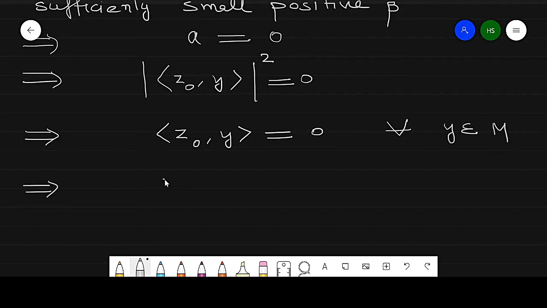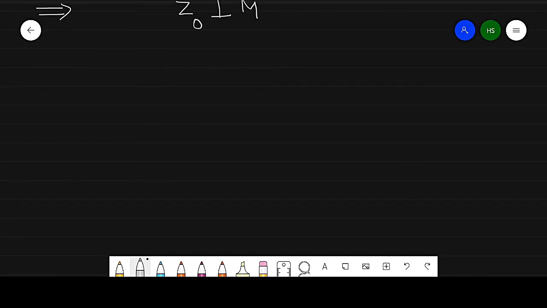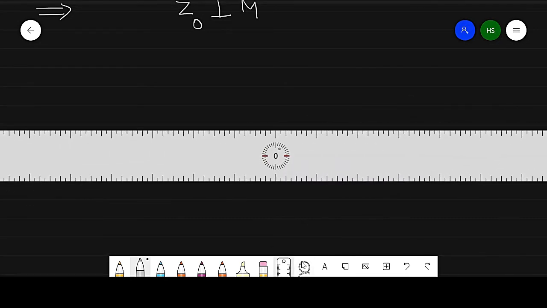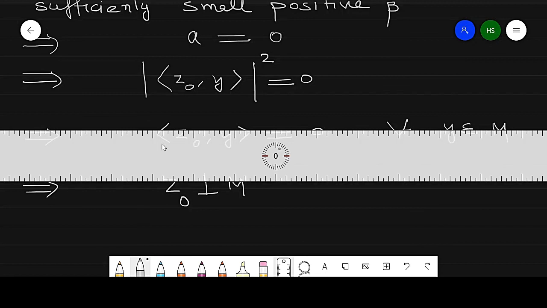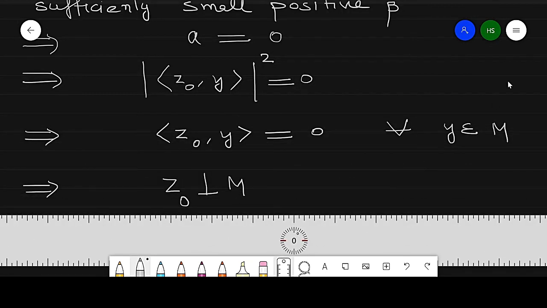It means this z0 is perpendicular to M, because it is perpendicular to every vector of M. So this is a very important result. If M is a proper closed subspace of a Hilbert space H, then there exists some non-zero vector, and that non-zero vector is called perpendicular to M.